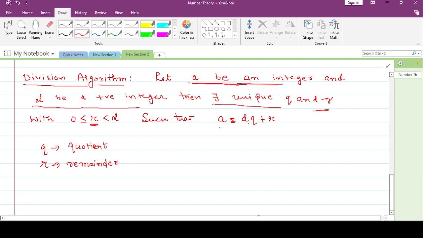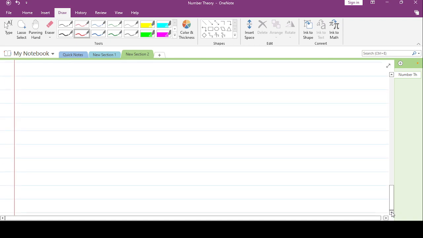So now we understand this division algorithm with the help of the following example.